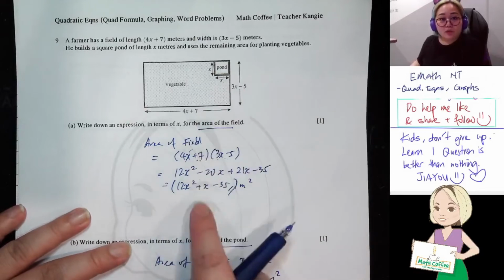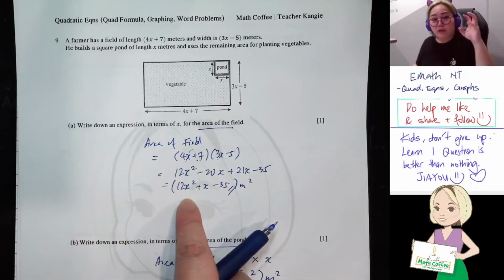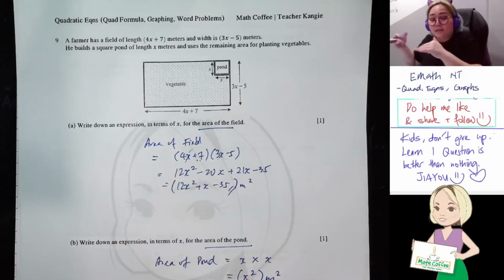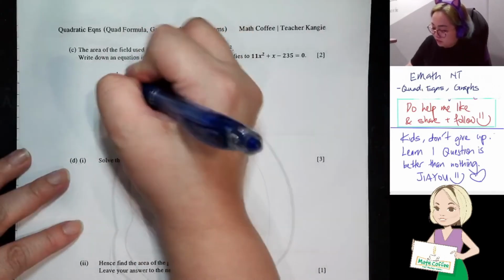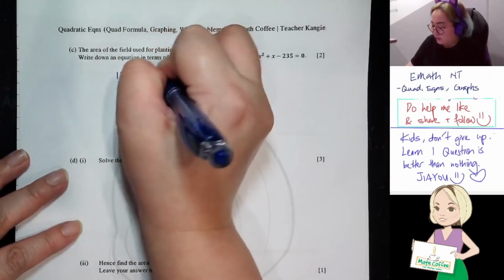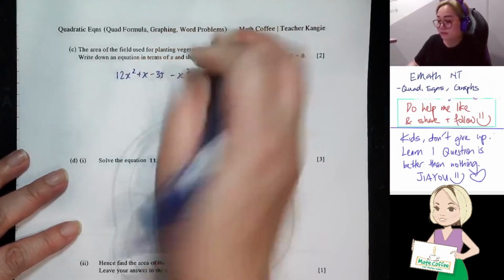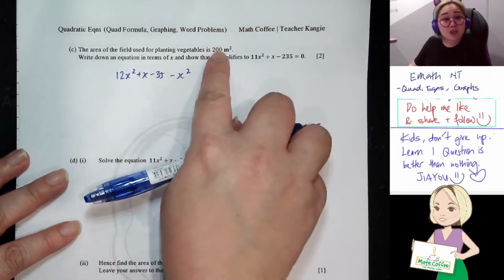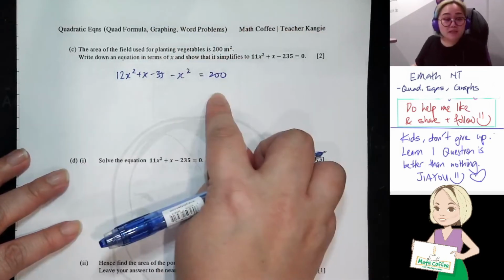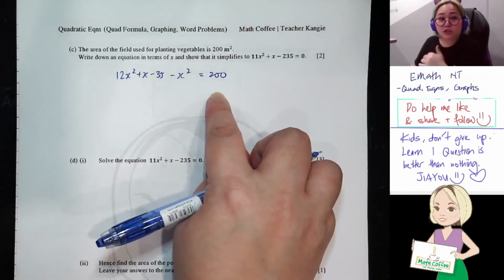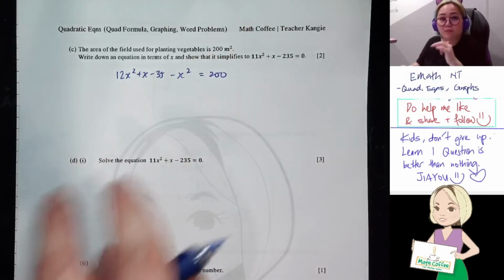So we take the area of the field in terms of the algebraic expression minus the area of the pond, which is also in terms of algebra. So take this minus this: 12x squared plus x minus 35 minus the pond should give me 200, so equals 200. With this, I formed the equation. Then all you need to do is further simplify this.